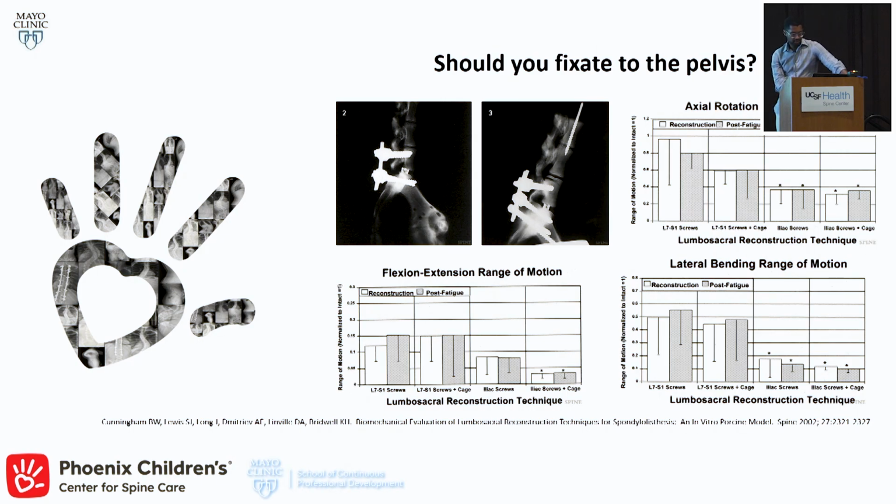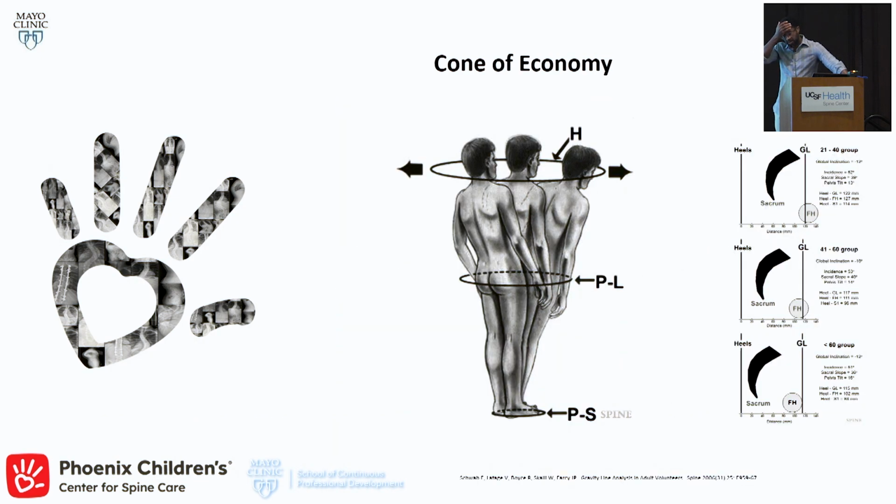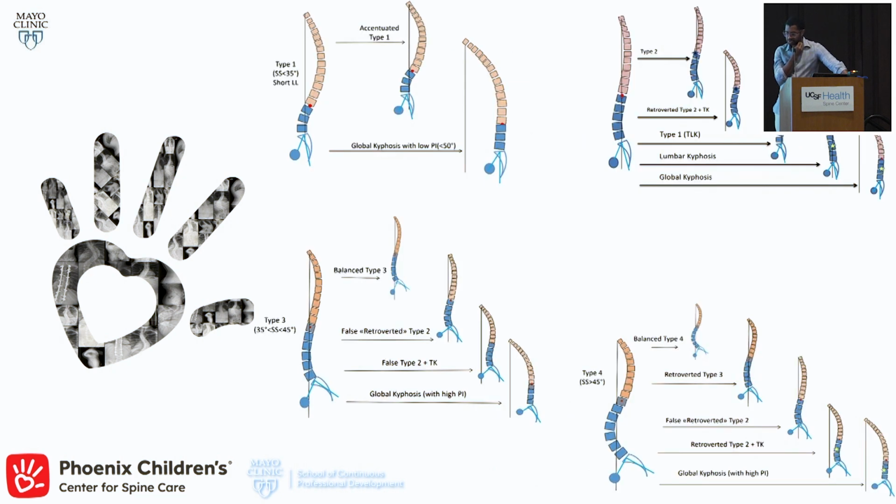So even though we take care of patients in their pediatric years and as adults and young adults, we also must consider the cone of economy and what it means for balance and harmony, and also the ideas of our Roussouly classification, so that when we are treating and taking care of these patients, we're not going from an unbalanced spine or unbalanced sacropelvic alignment to continuing that so they can have continued problems in the future.